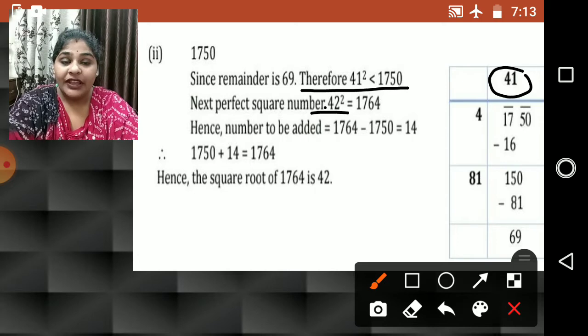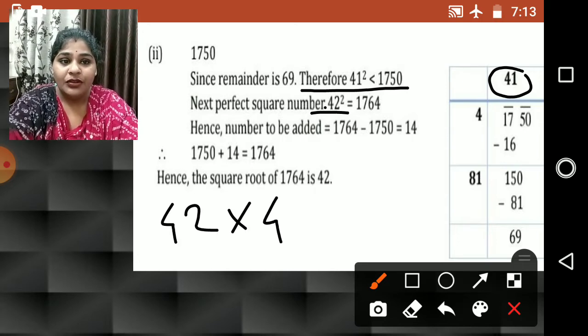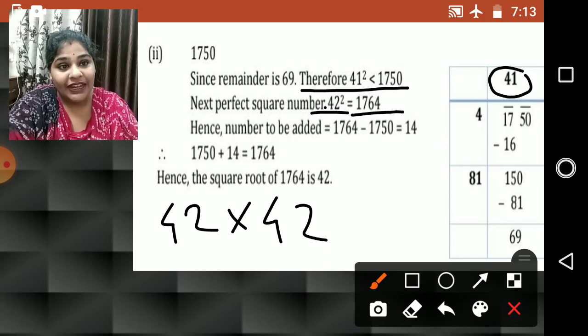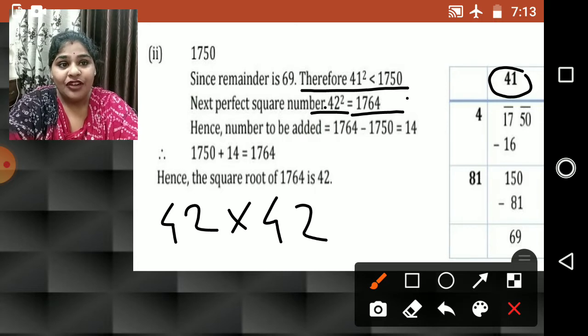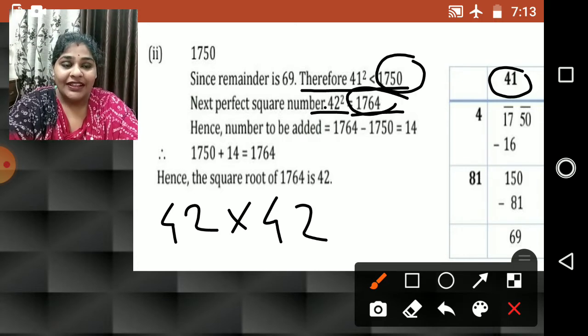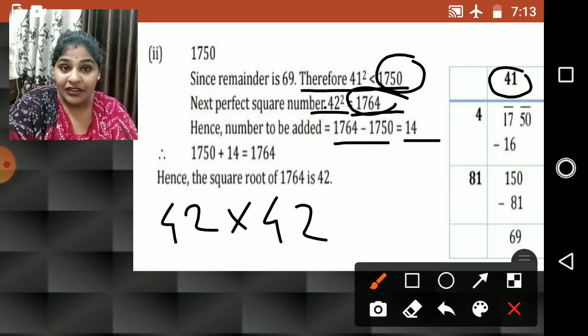So 42 square we have to first find out, that is 42 multiplied by 42, which is 1764. So what you are going to do now is, from this bigger number you subtract the smaller number, and after doing that we get 14.